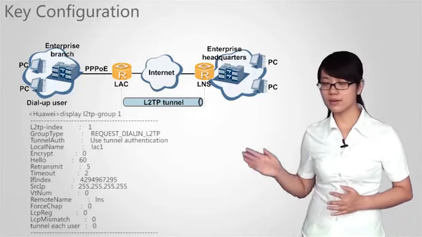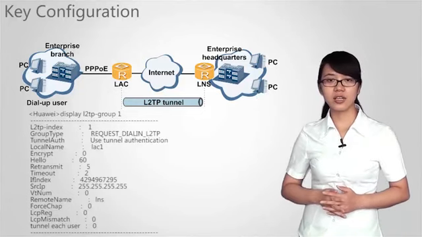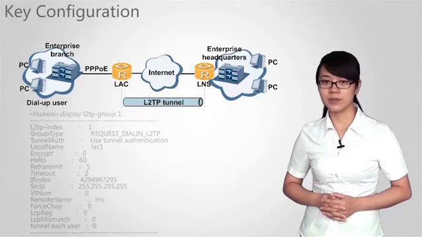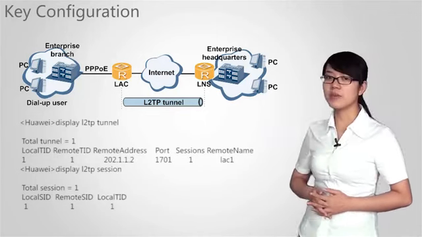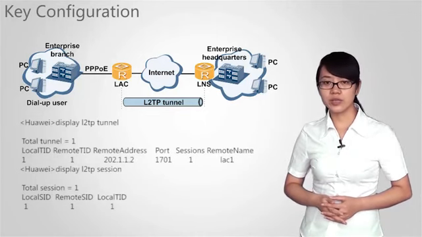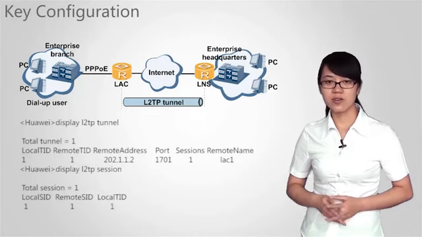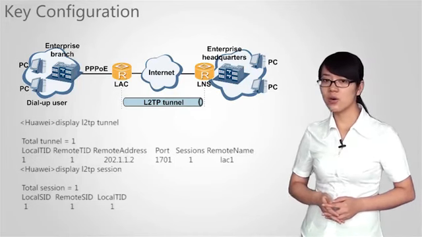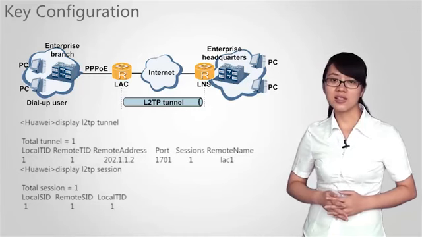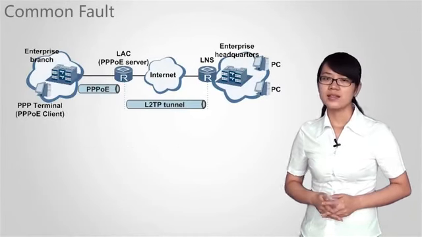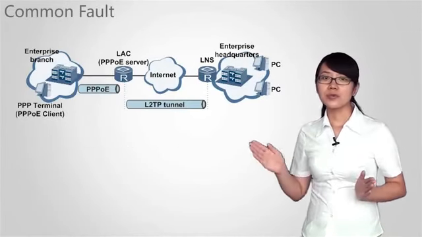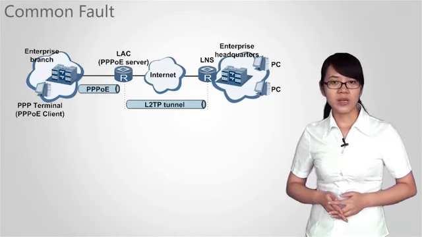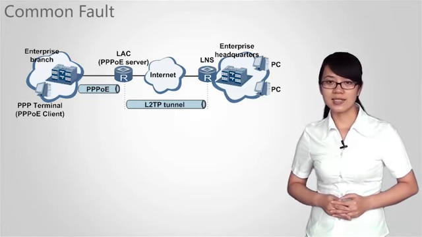For example, run this command to check group information on the LAC, and run this command to view L2TP tunnels and sessions. For example, from the command output, there is one tunnel on the LNS and one session on the tunnel. Next, let's look at a networking diagram to explain common L2TP faults and causes.